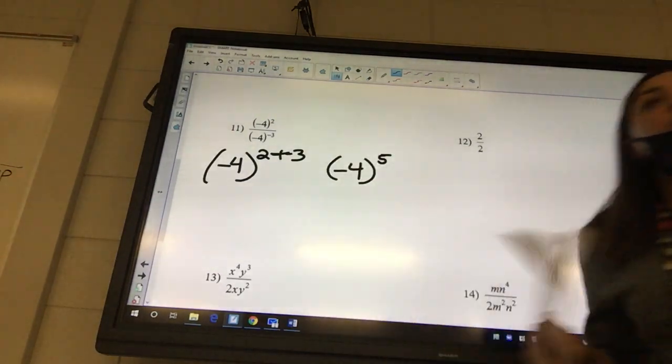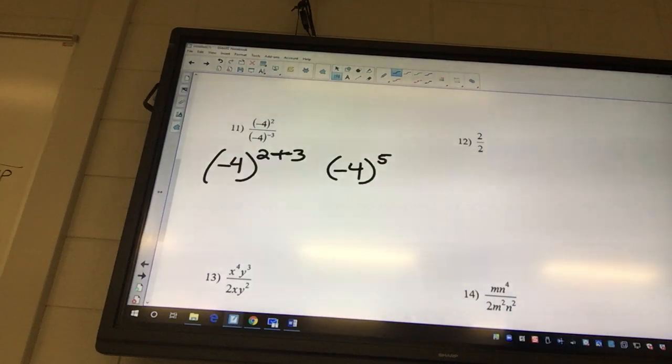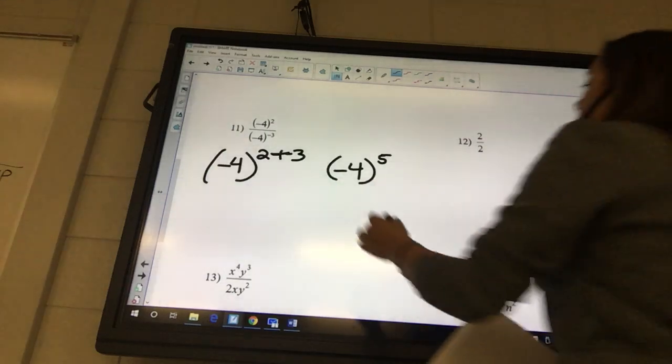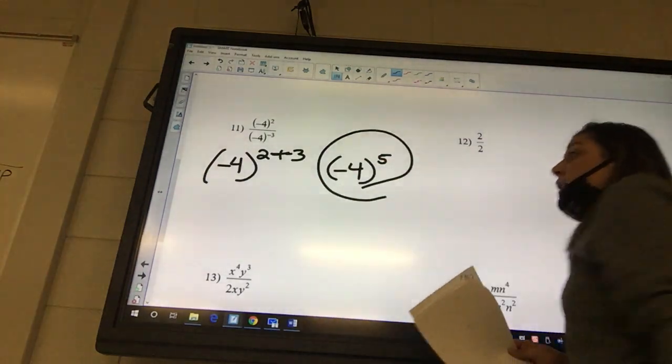Are we finished? Yes. Why does that not need to be moved? Because we're simplifying and we're just looking at the exponents. What needs to be negative in order for us to move it? The exponent, or the little number. The big number really doesn't matter, and this little number is positive, so we're going to leave it the same.